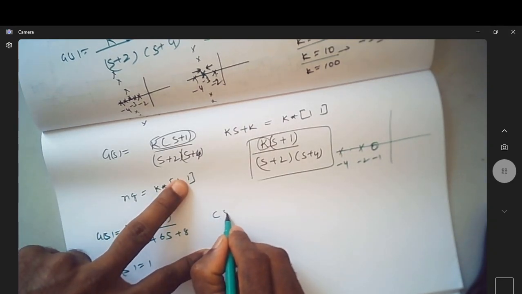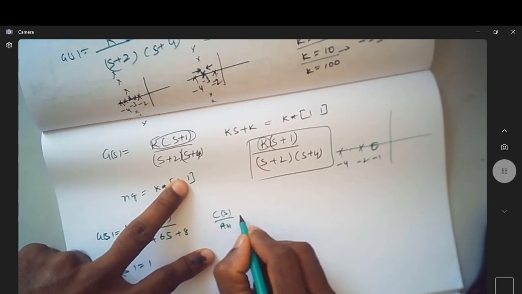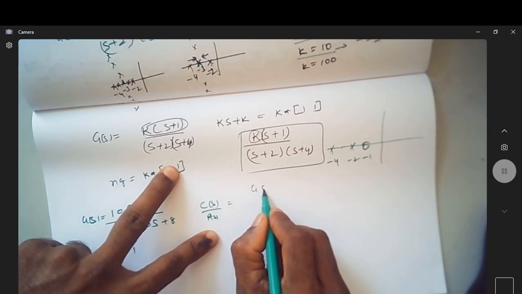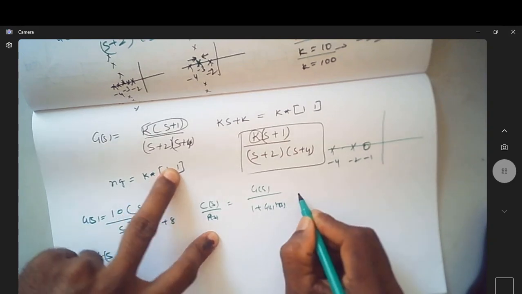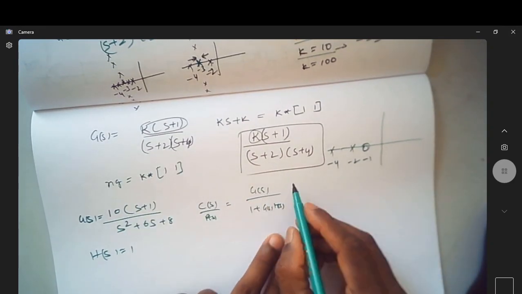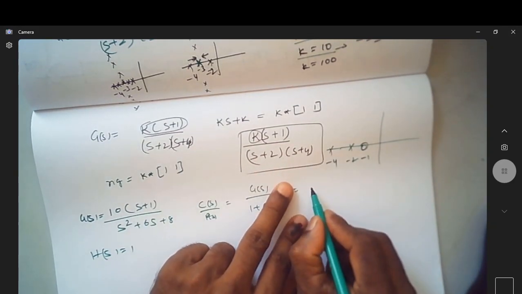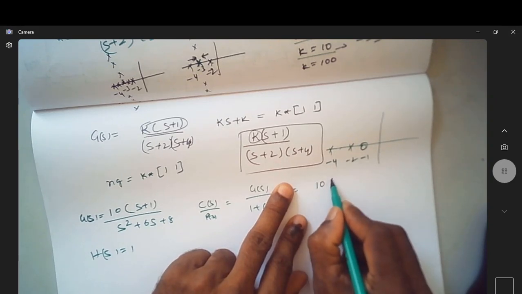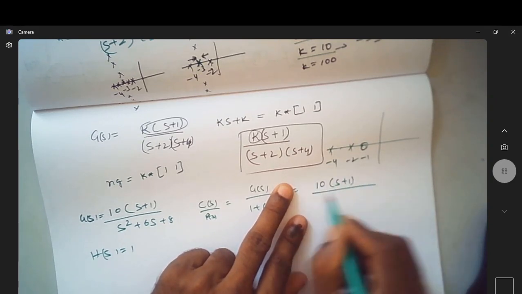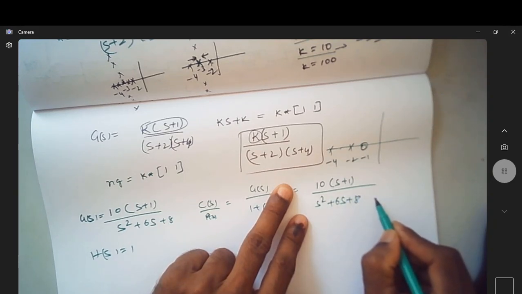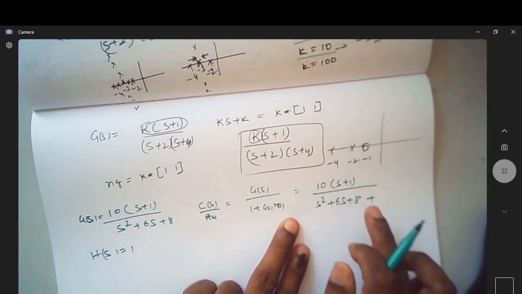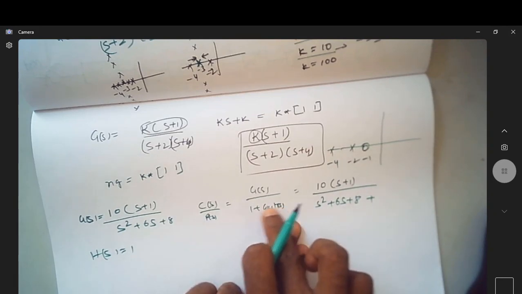Then the closed loop transfer function C(s) by R(s), which is G(s) by 1 plus G(s)H(s), is the same.